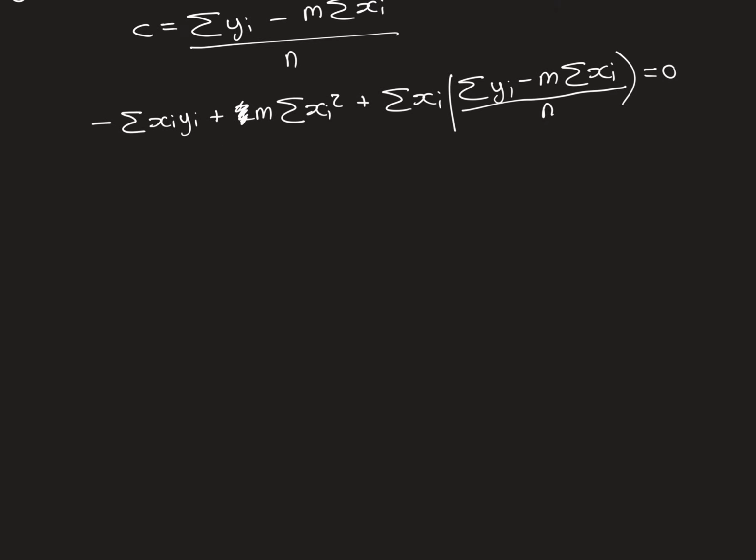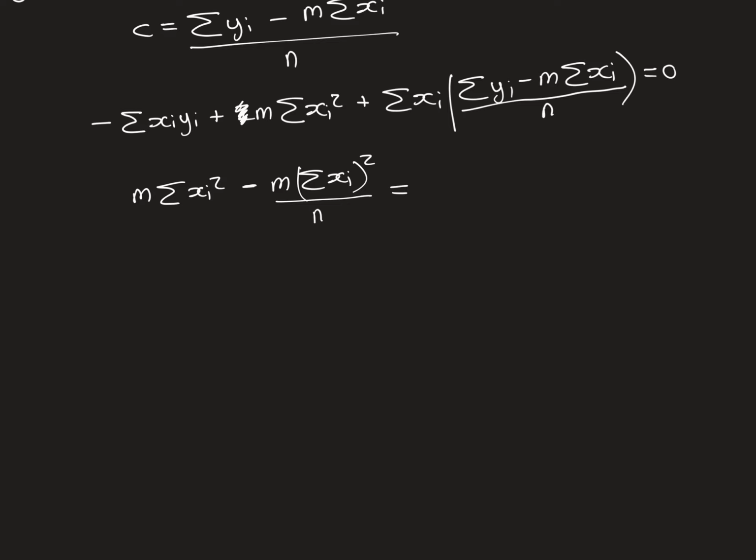So we now want to rearrange to get m is equal to something. We've got a constant term here, so we'll take this to this side. We've also got a constant term that comes out here, so we'll take that onto that side as well. So we've got m times the sum of xi squared, that's fine. We're then going to have a minus m times the sum of xi all squared, which of course is not the same thing as the sum of the xi squareds, divided by n.